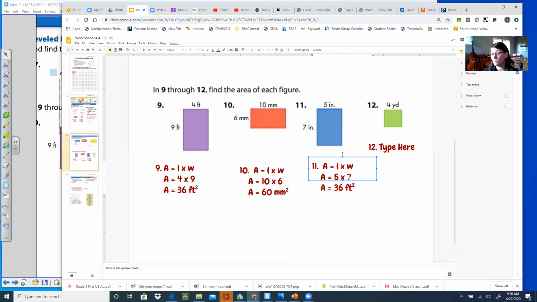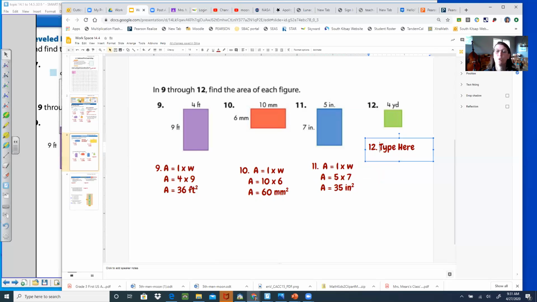So you can count by 5s real quick. 5, 10, 15, 20, 25, 30, 35. Oh, I was close to that. And it's not feet, it's inches. Get rid of that feet.